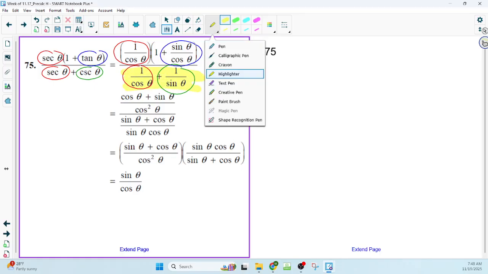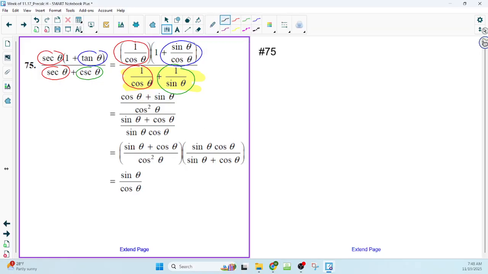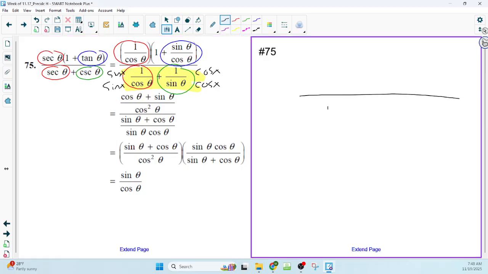Well, the way that we do that is we multiply by cosine over cosine here and sine over sine here, leaving us with, on the bottom, sine of x cosine of x, and then we're going to add that cosine of x as well.